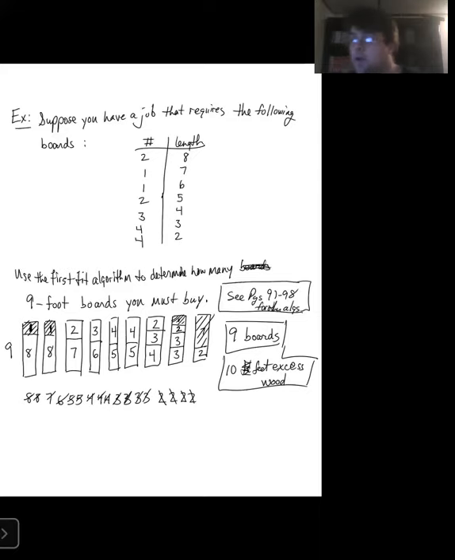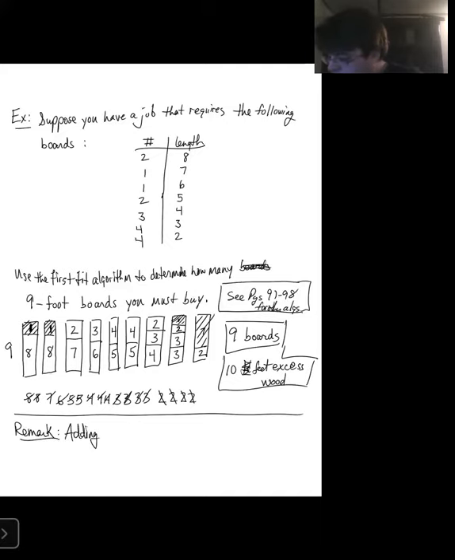Maybe I'll make this a remark. Down here. Remark. Adding the lengths of wood gives how much wood?